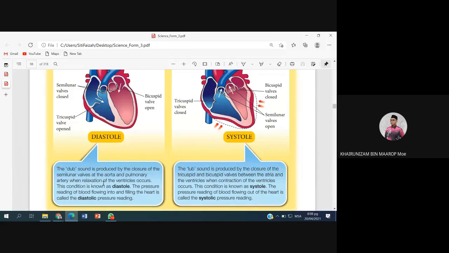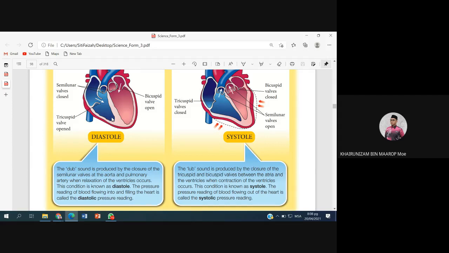When relaxation of the ventricles occurs, we hear the dup sound, and the ventricles are in a relaxed position. This condition is known as diastole.